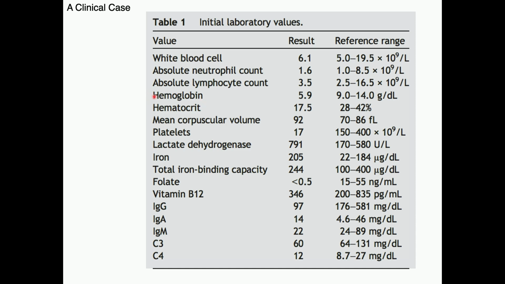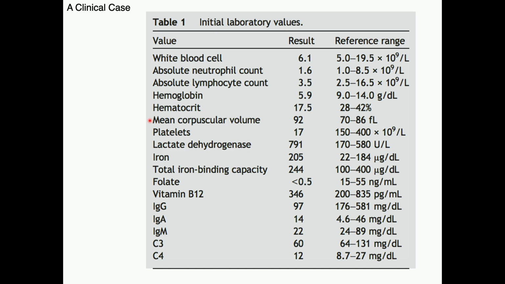Okay, so the patient has low hemoglobin and a low hematocrit. This is our definition of an anemia. And then the mean corpuscular volume, the average volume of a red blood cell, is higher than normal.